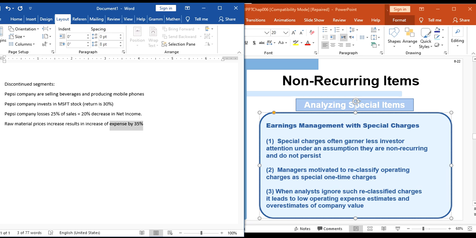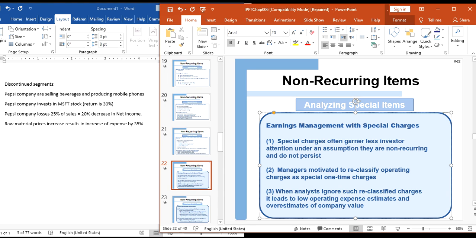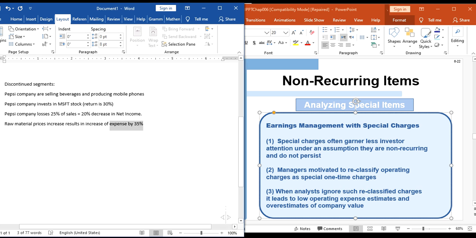So that was the second point. Another thing is, when analysts ignore such reclassified charges, it leads to low operating expense estimates and overestimates of the company's value.